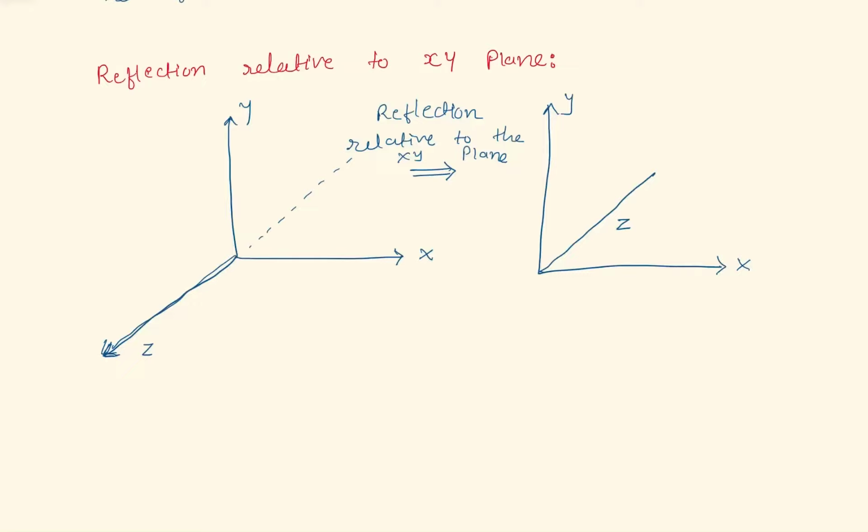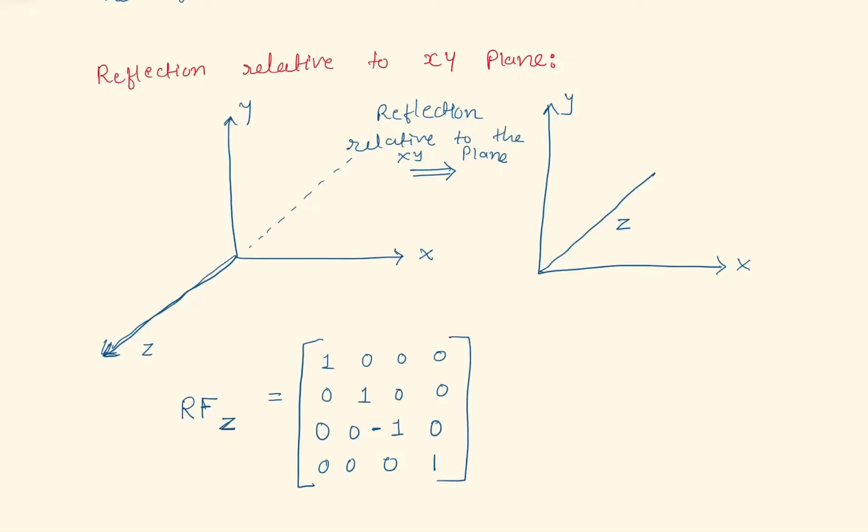The reflection matrix RF, meaning reflection of the z axis in the xy plane, will be the matrix 1 0 0 0, 0 1 0 0, 0 0 minus 1 0, and 0 0 0 1.